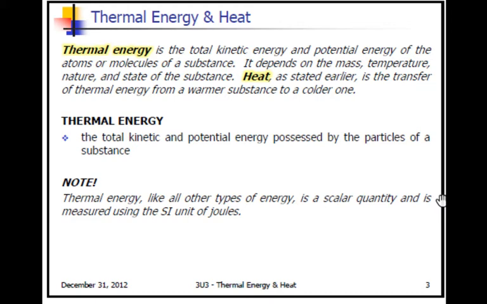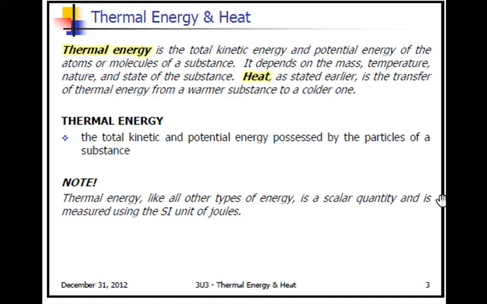Something that has a lot of thermal energy has a lot of movement between its molecules. And as it moves, the molecules will collide with each other and have friction reactions, and those little friction reactions will cause heat to be generated. Will cause the thermal energy to increase.